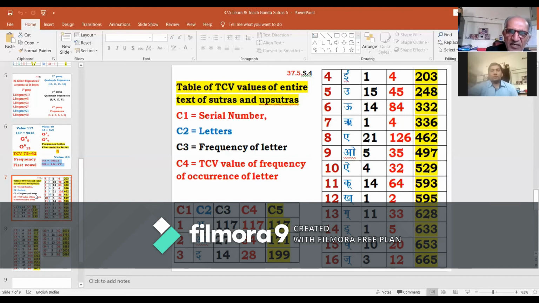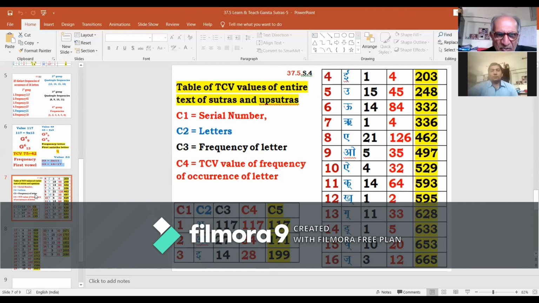In this table, C1 gives the serial number 1 to 36, C2 tabulates the 36 distinct letters in sequential order, C3 tabulates the frequencies of occurrence of these 36 letters in the text of sutras or upsutras. C4 leads us to the TC values reach.